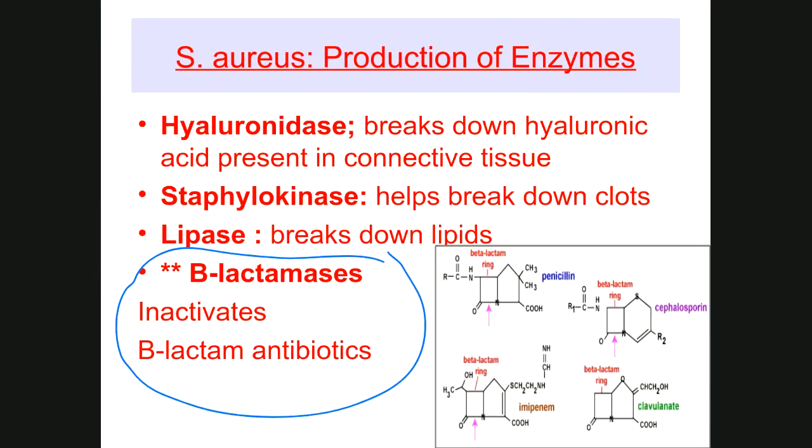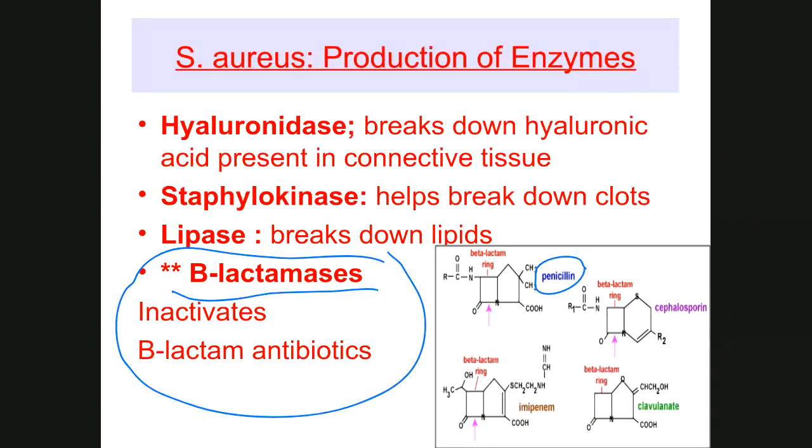Beta-lactamases are enzymes that inactivate a whole family of antibiotics called beta-lactam antibiotics. All of the penicillin-based antibiotics are beta-lactam antibiotics. So a Staph aureus strain that has the beta-lactamase enzyme will be resistant to all of the penicillin-based antibiotics, which is one of the largest antibiotic families that we have.